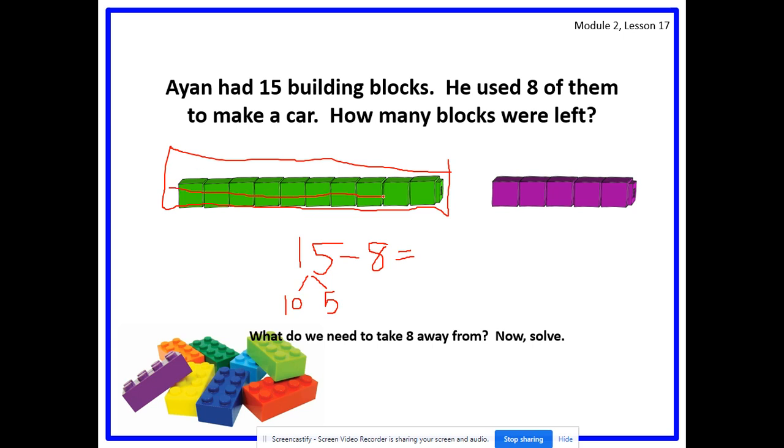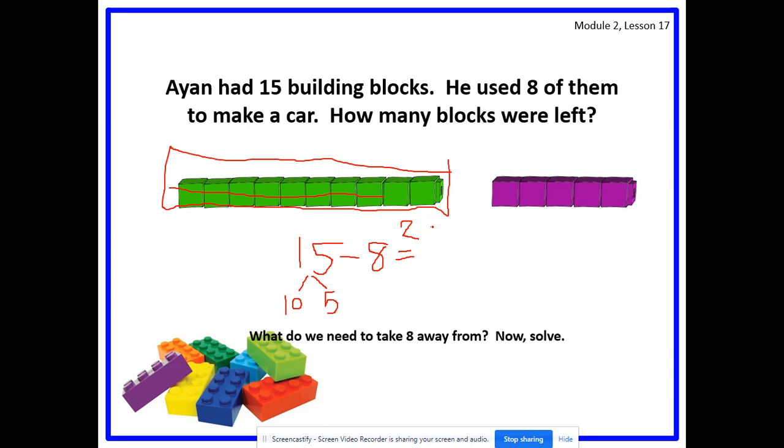Remember, make sure that you're crossing off only 8. Or make sure that in your picture you crossed off 8. If you didn't, go ahead and fix it. So 10 minus 8 is what? How many do we have left inside the box? Get ready. Yes, 2. Very good.